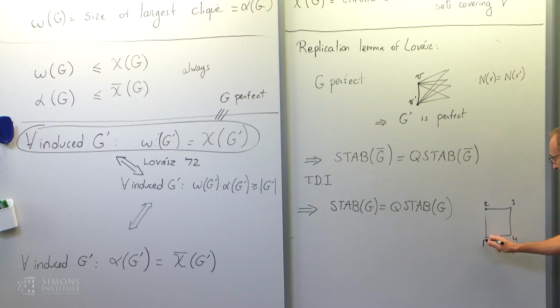So I'm going to duplicate these once, duplicate these twice, these 3 times, and then I'm going to put a clique here, a clique here, a clique here, and so on, and then join them, do all the connections, and so I get another graph.